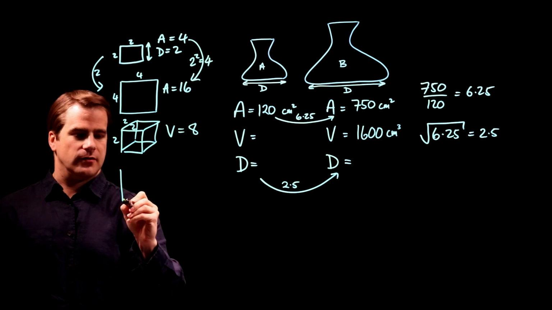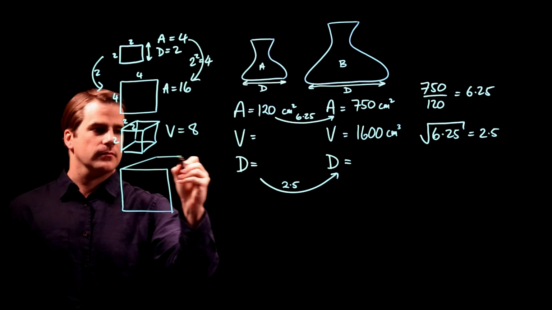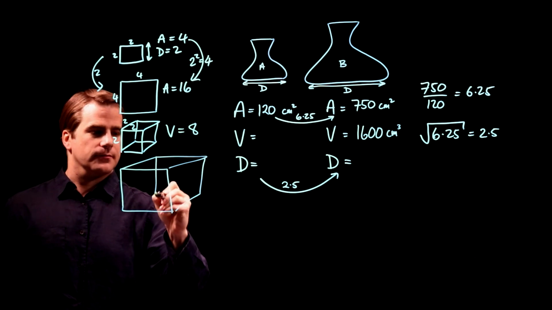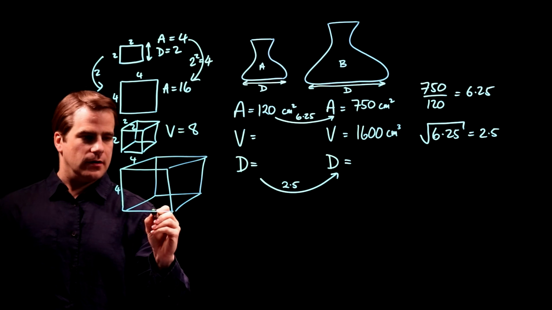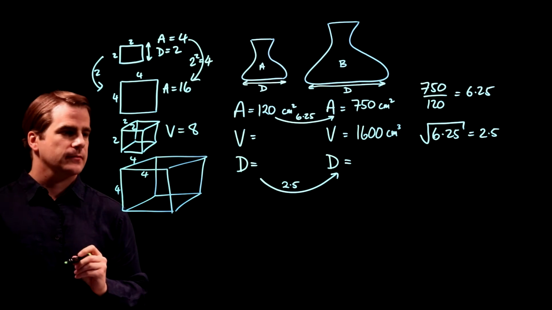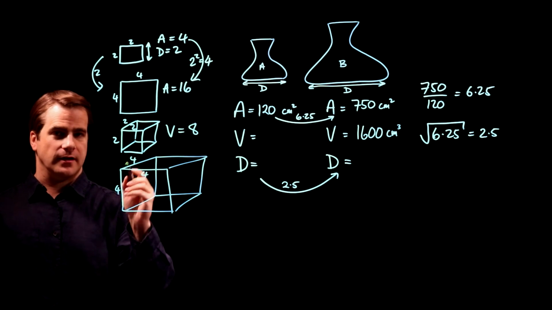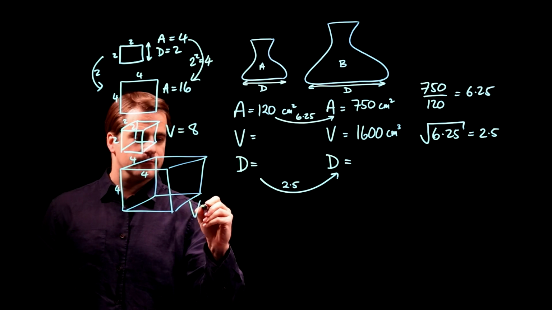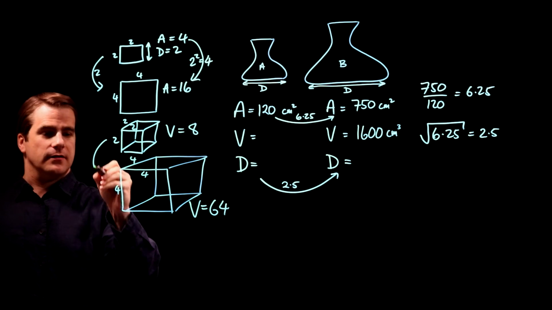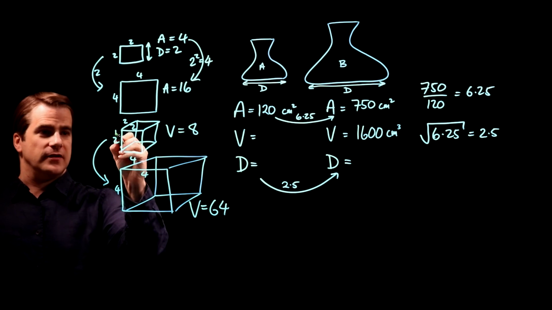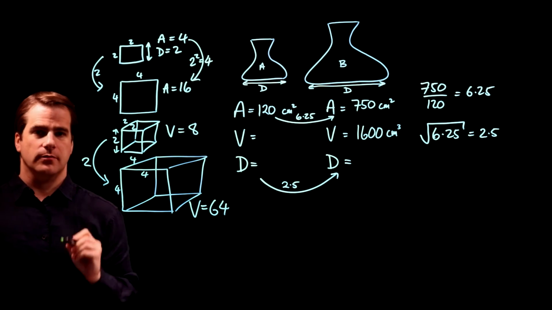When you increase that to a 4 by 4 by 4 box, the volume of this is 4 times 4 times 4. 4 4s are 16, times 4 is 64. So again, the linear scale factor, D, is from 2 to 4, which is 2.